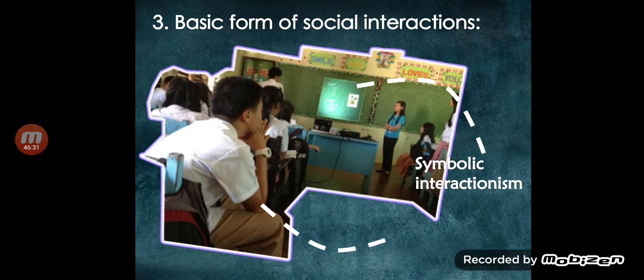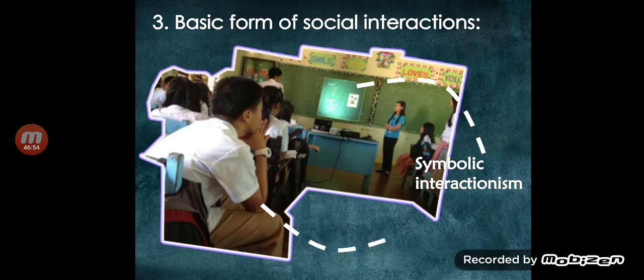Meaning, our self is considered as socially constructed in relation to social forces and structures, and we are considered the product of ongoing negotiation of meanings.